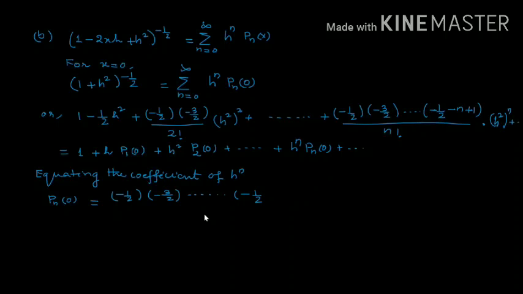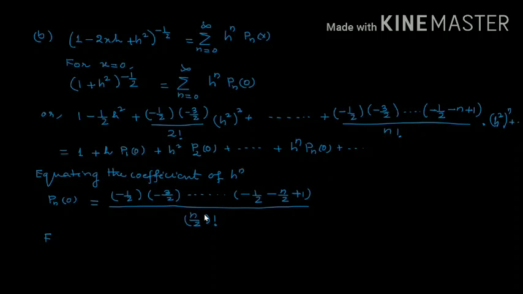Then here we have h square to the power n. We replace n by 2, so that h square to the power n by 2 is h to the power n. So in this case we replace n by 2, minus half minus n by 2 plus 1 divided by n by 2 factorial.